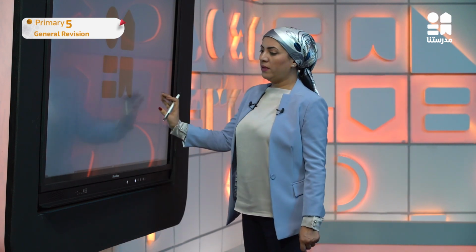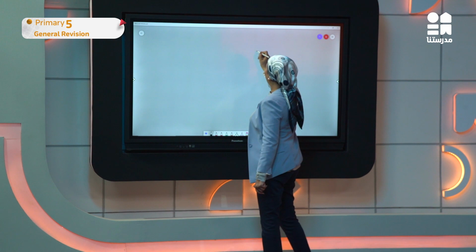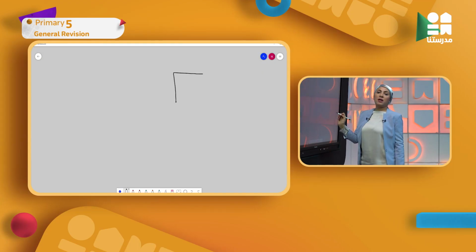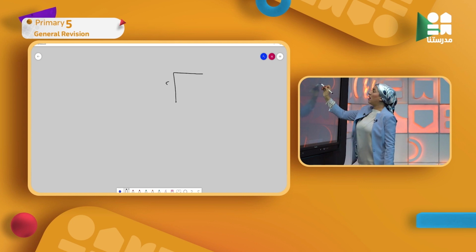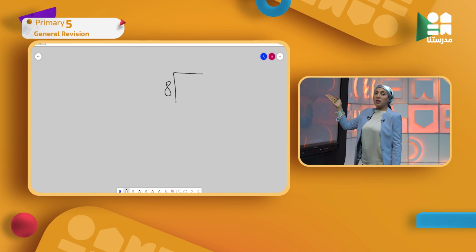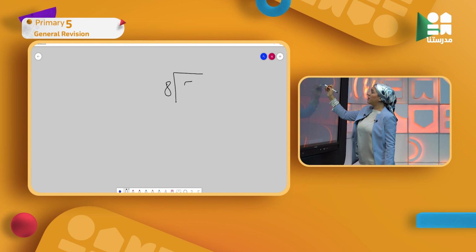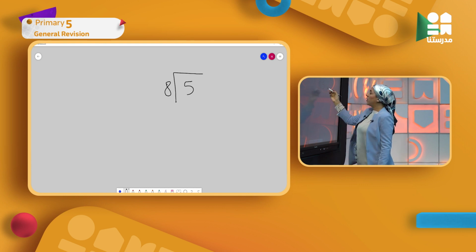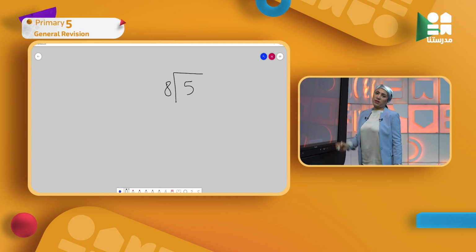Okay, so here I have 5/8. I will make it in the long division way. So I have the 8 as my divisor and the 5 as my dividend. The number inside the house is the dividend, and the 8 is the number that I am going to divide by, okay? So here the 5 is smaller than the 8, so I cannot divide it by 8, so I have to borrow a 0 to make it bigger.